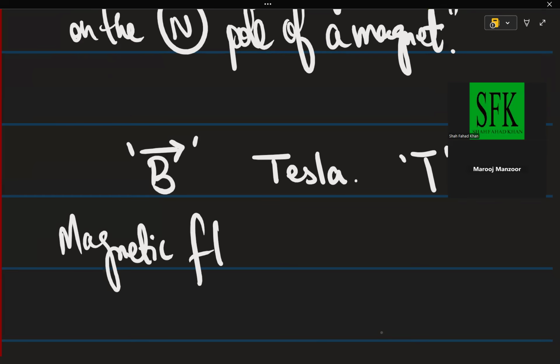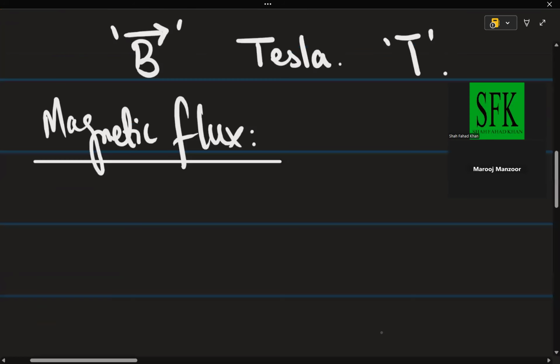Any idea what it is? It is almost similar to the magnetic flux density, but at the same time, it's different, and I guess it doesn't have a unit.